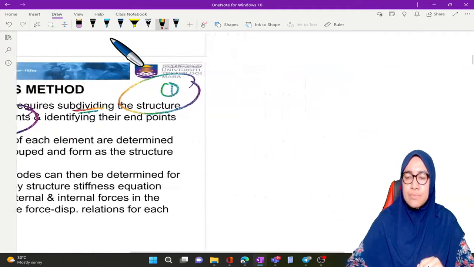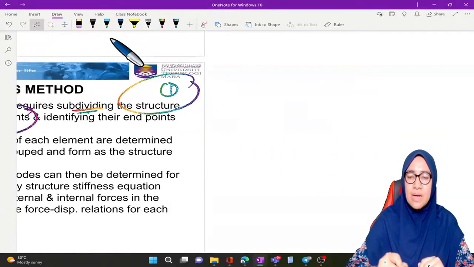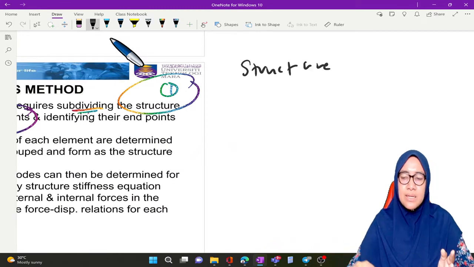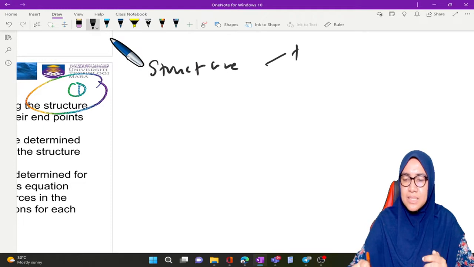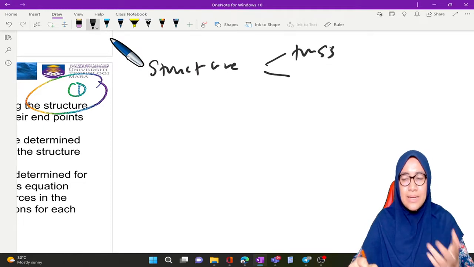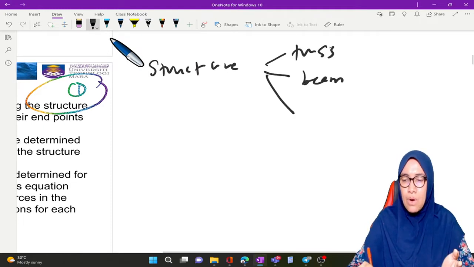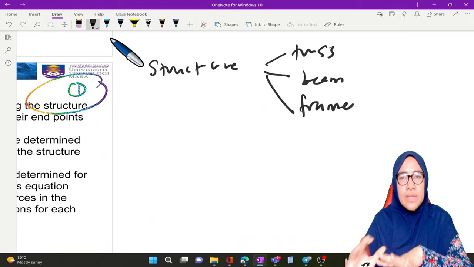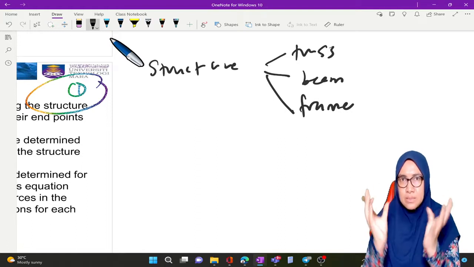That is the keyword. What we get in the question is either a truss, or a beam, or a frame. All of these are structures, the complete structure.